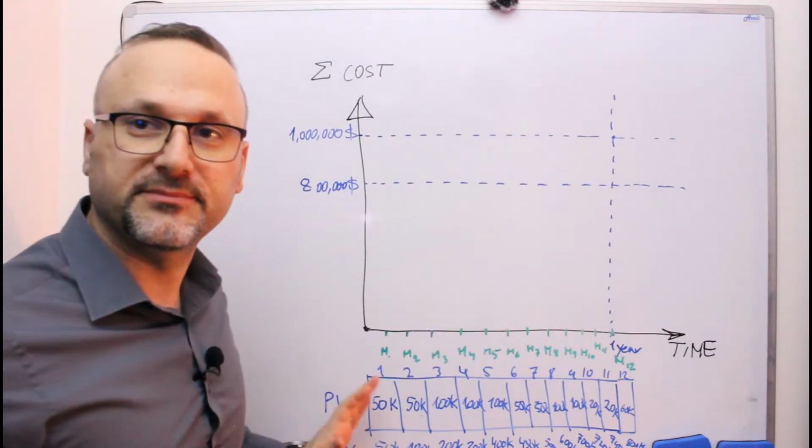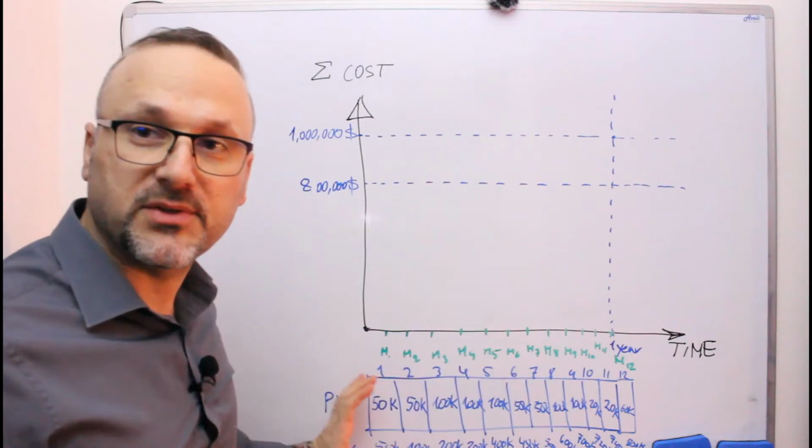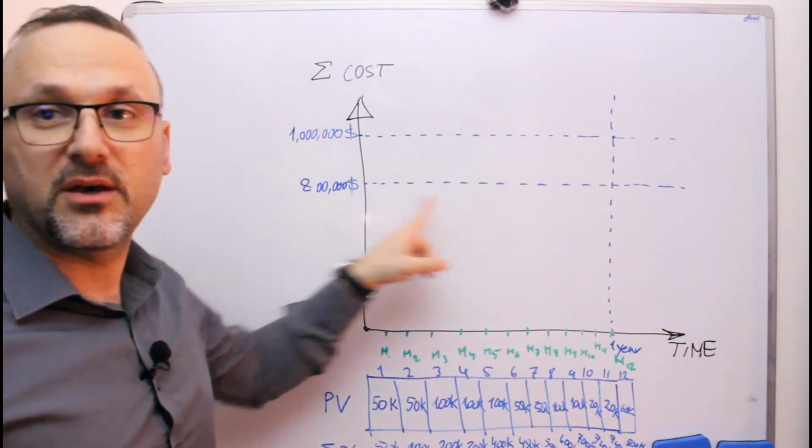Okay, planned values as per the period, these are estimated values, and this is the overall.